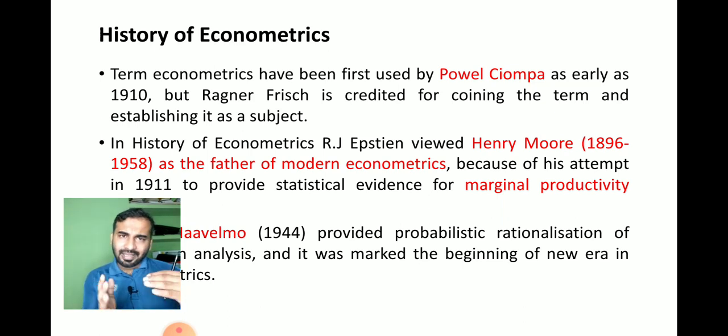So in 1911 itself, Mr. Henry Moore gave statistical evidence, or verified marginal productivity theory or Euler's theorem using mathematics and statistics. That's why he said that Henry Moore is the father of modern econometrics.